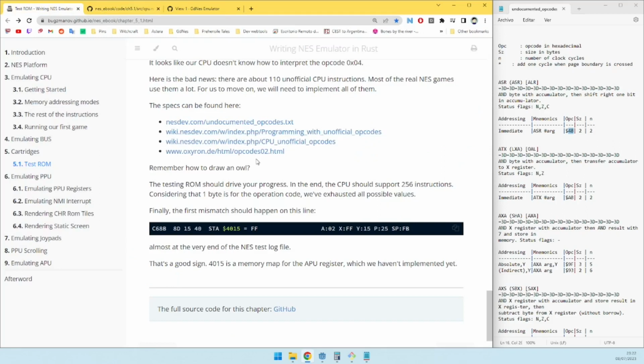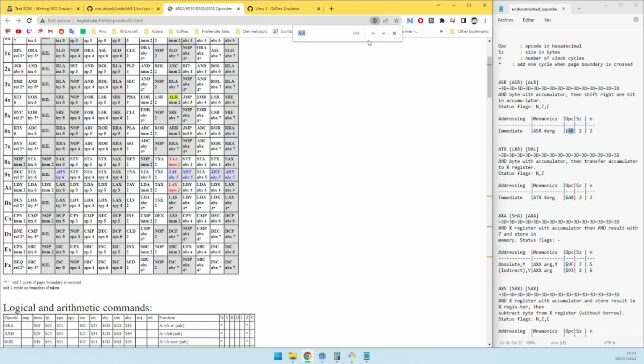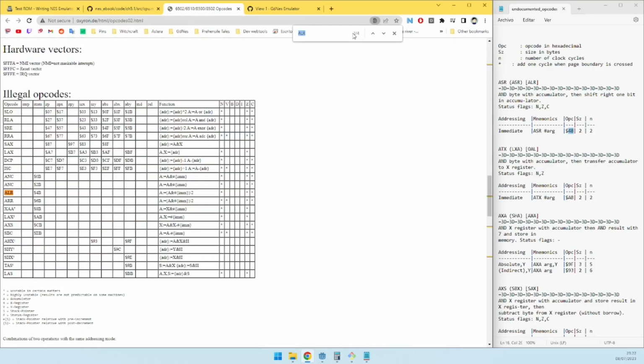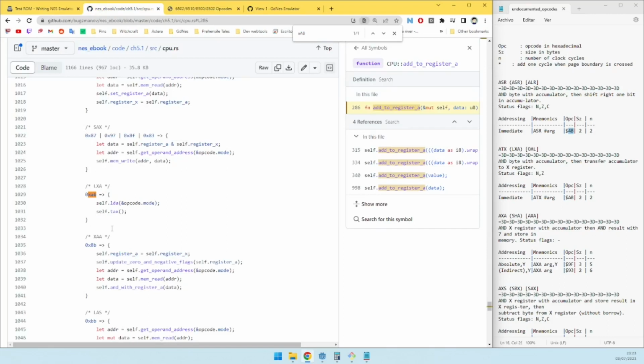How about the other one? ALR: A equals A and memory, immediate, divided by 2, so that is the shifting. That is what the shifting means. So yes, it is indeed AND, and this is wrong.